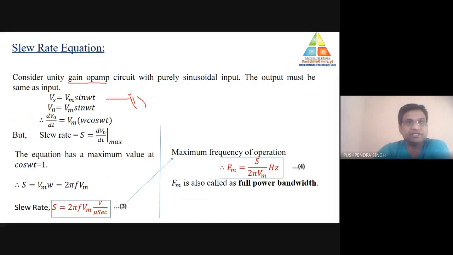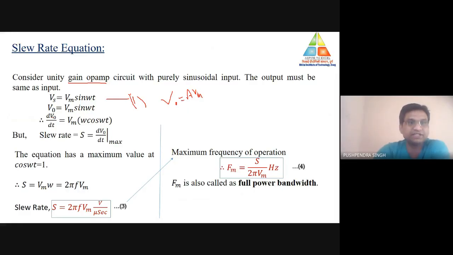If the gain is unity, what is the value of output? Already I told you V naught is nothing but A into V in. So if the gain is unity, output is equal to input. That's why V naught is nothing but Vm sine omega t.